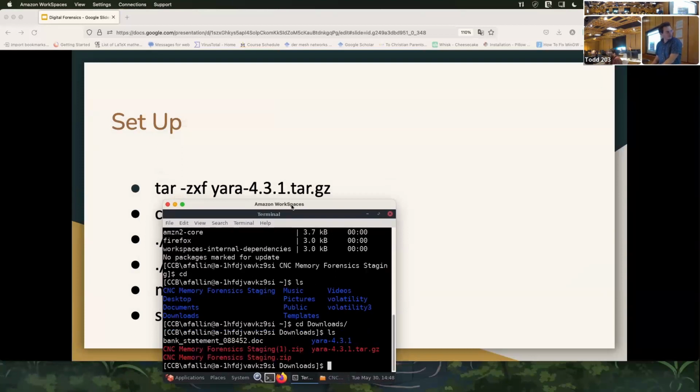So we probably want to be in Downloads. That's probably where the file went. So cd Downloads, and then you're going to enter this command right here. This is going to unzip the file. And if anybody needs help, please raise your hand. Either Austin or I will come over and help out.